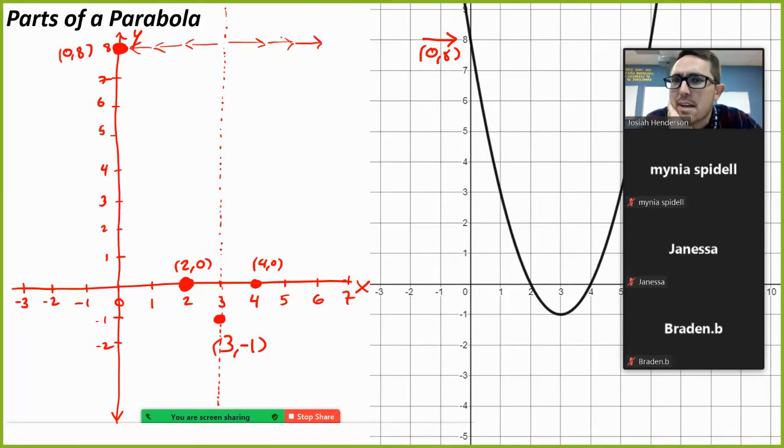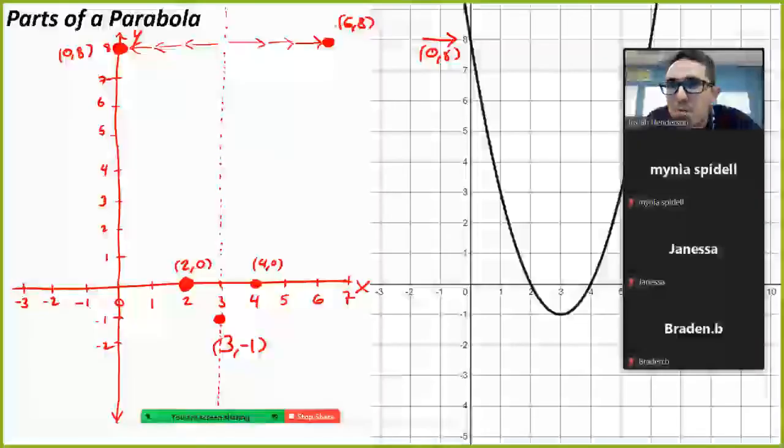You don't have to put those arrows there, but I'm trying to show you how I'm using the line to measure away from the line. So I think it should be 6 comma 8. Let's put our final point here, 6 comma 8. I'm just using the line of symmetry to see where that should go.